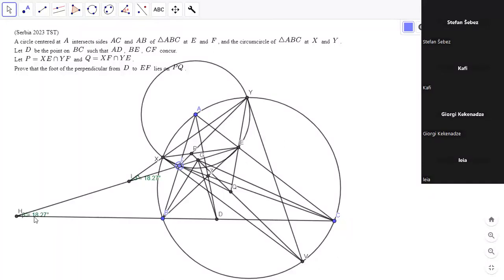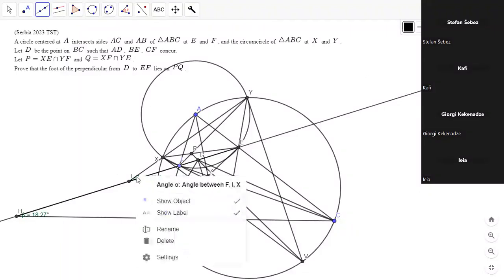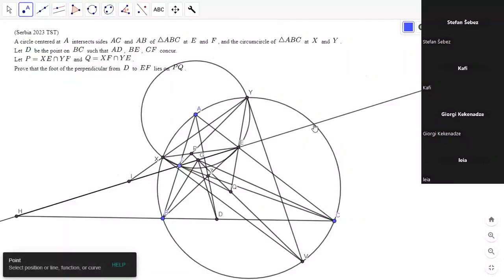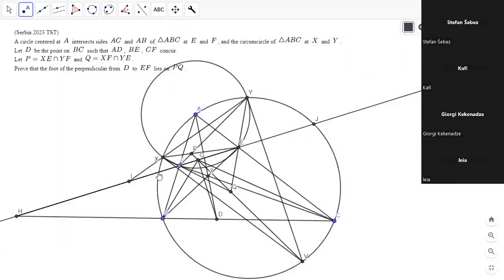Okay, so then this angle here, I don't know if we want to draw this whole line and see where it meets the circle. So let me just delete these two. I know we have to prove those are the same. We have this and this.